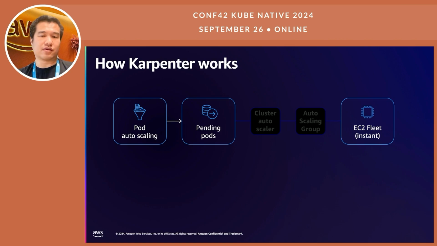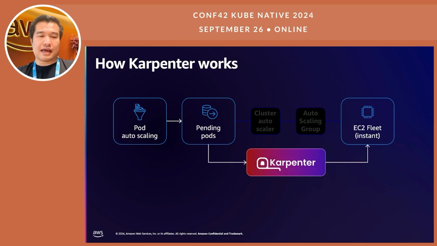Also, the node group concept will be gone. We can bypass that by replacing those two modules with Karpenter, and Karpenter can spin up the EC2 instance on our behalf. The instance that Karpenter spins up will always be the cheapest one, depending on the configuration, and it will always be the right size for the pending pods. So let's see how it works.